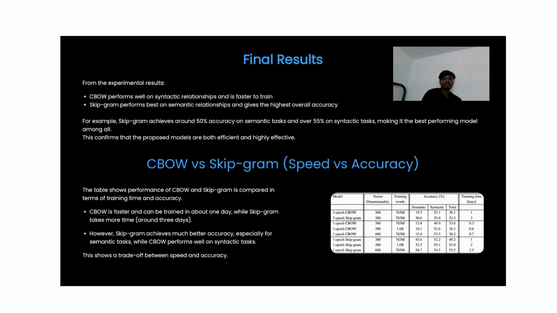On the other hand, older models like NNLM and RNNLM are much less efficient and perform worse overall. This shows that word2vec models, CBOW and skipgram, are both more efficient and more accurate than previous approaches. The table here supports these results, showing higher accuracy for CBOW and skipgram. So overall, word2vec provides a better balance of speed and performance.